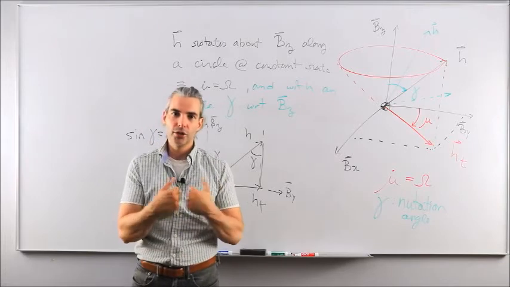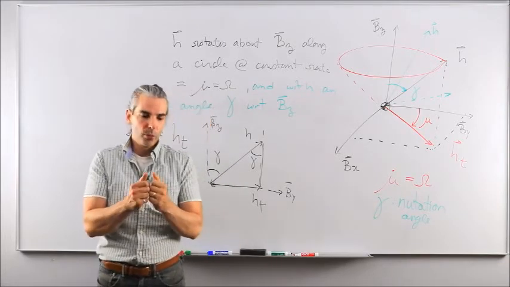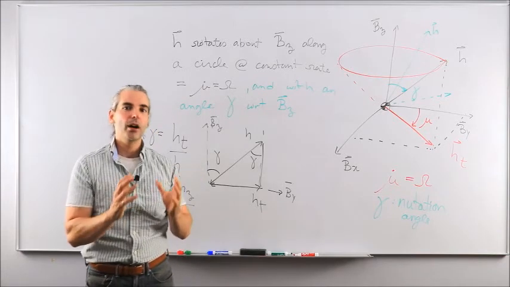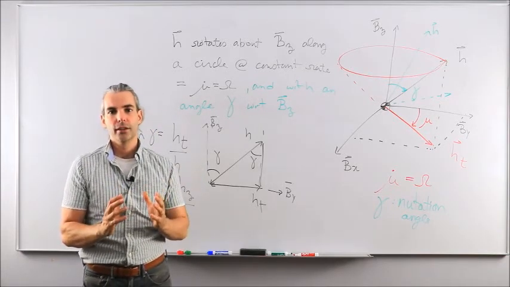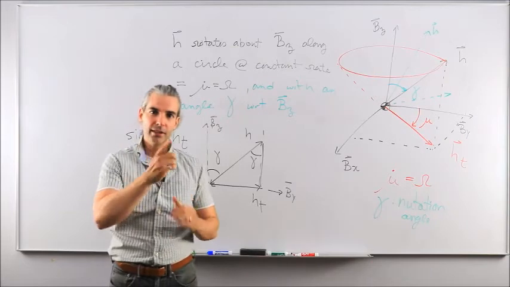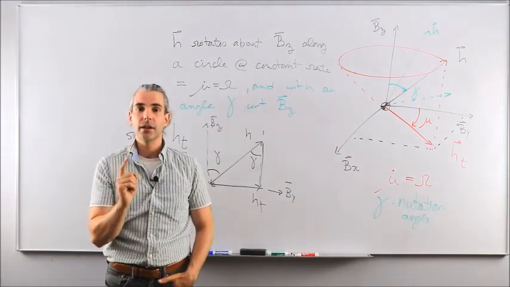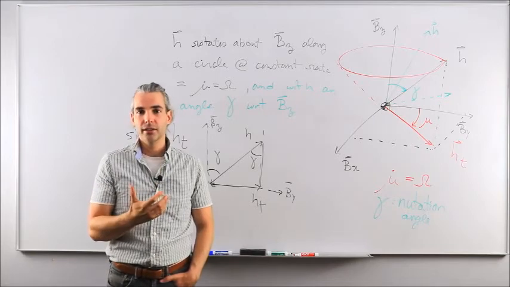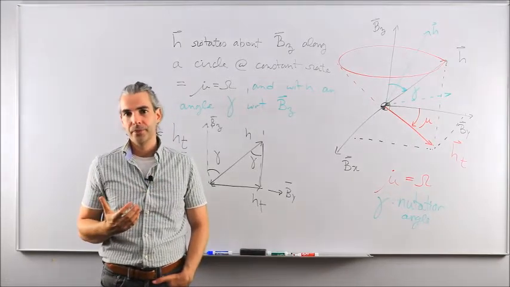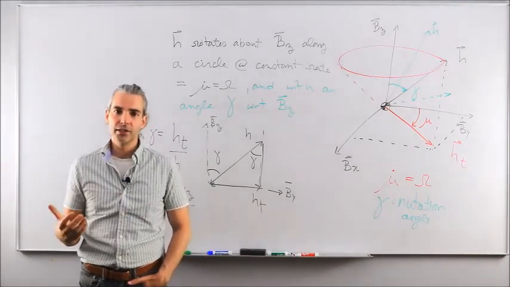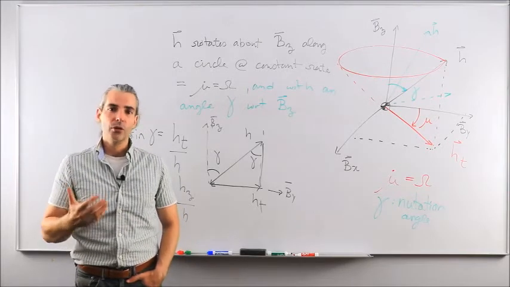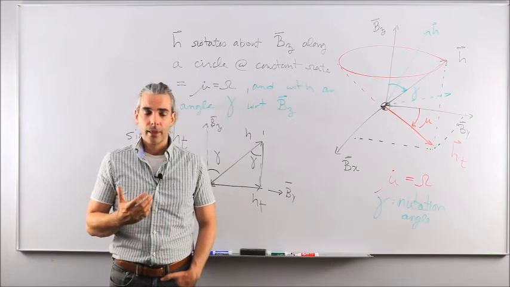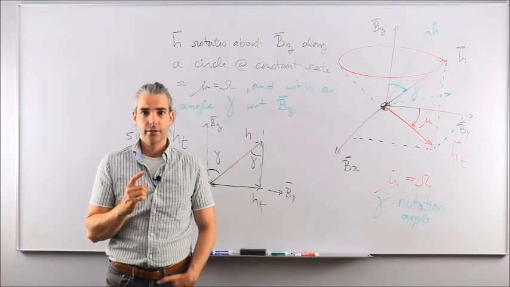So the objective was to determine, first, what would be the motion of our angular velocity vector as seen from the body fixed reference frame perspective. And we've established that the angular velocity vector was spinning about the BZ unit vector attached to the rigid body itself, or attached to the spacecraft. By doing a similar analysis for the angular momentum vector, we've discovered that the angular momentum vector was also moving about BZ.